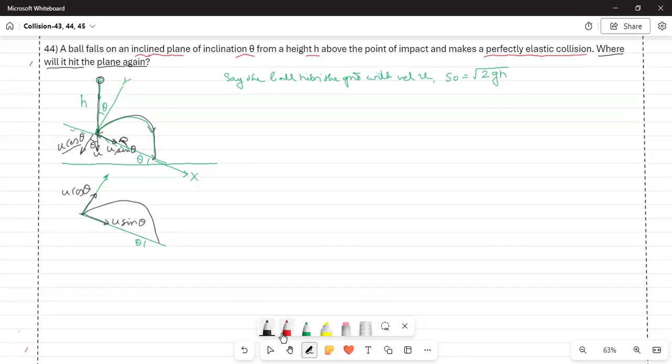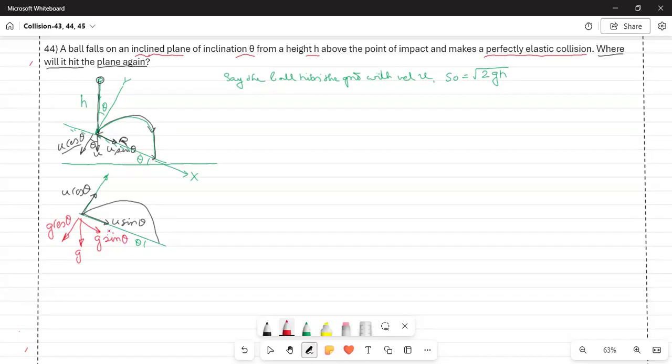Here, only one thing is very important. What is the direction of g? This is g. And g has a component perpendicular to the incline equal to g cos theta, and this component is g sin theta.